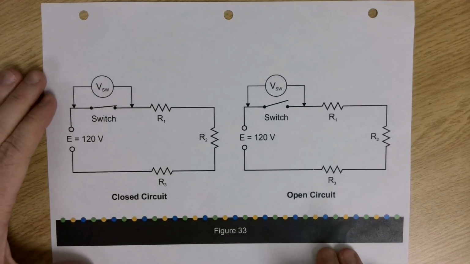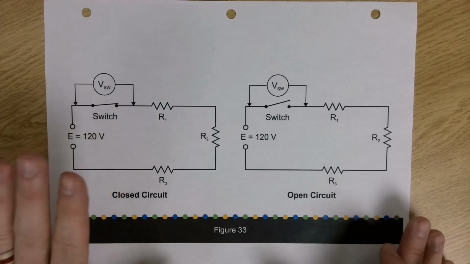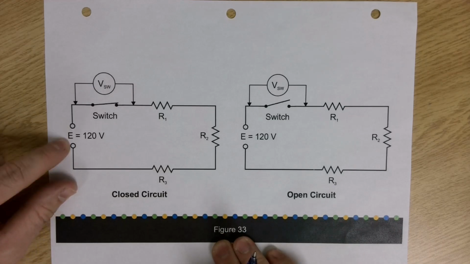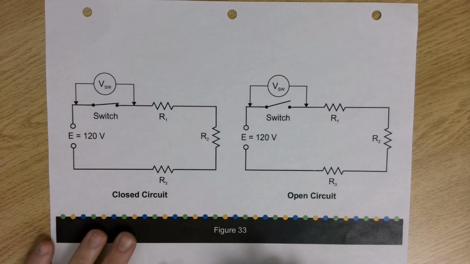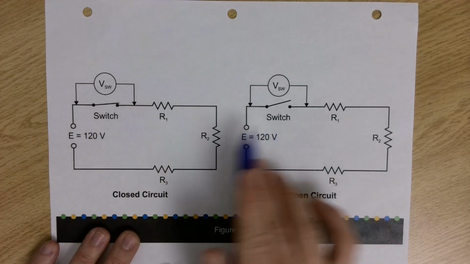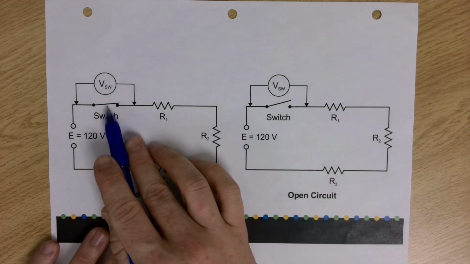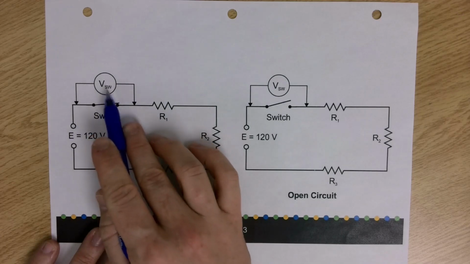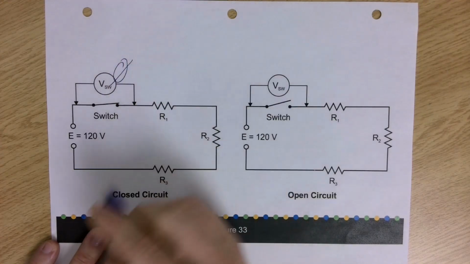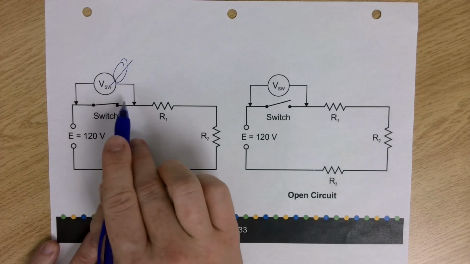And you've heard me say too many times, I'm sure, that voltage is a potential difference, right? This 120 volts is measuring from the start to the finish. But what's important to remember for this situation, these two circuits, is if this switch is closed, then the voltage across the switch is going to be 0 because there is no potential difference from either side of the switch.